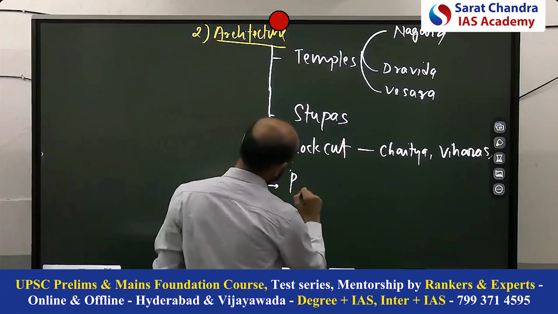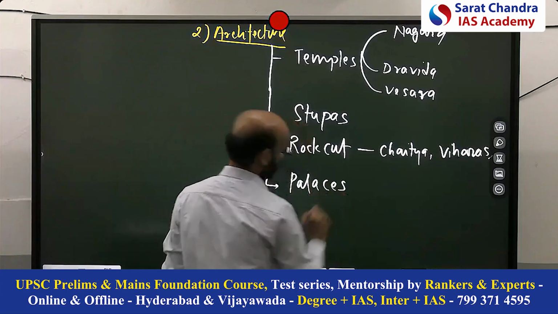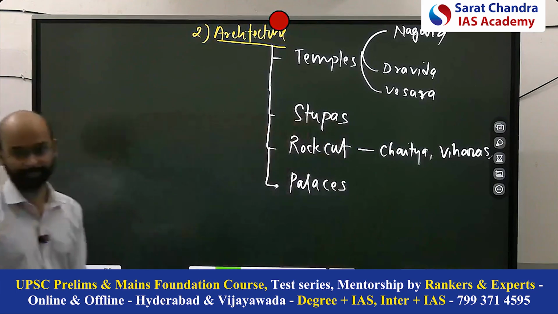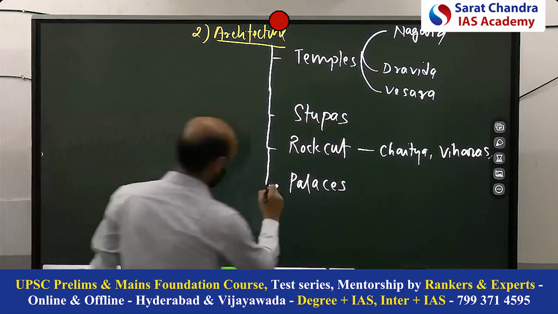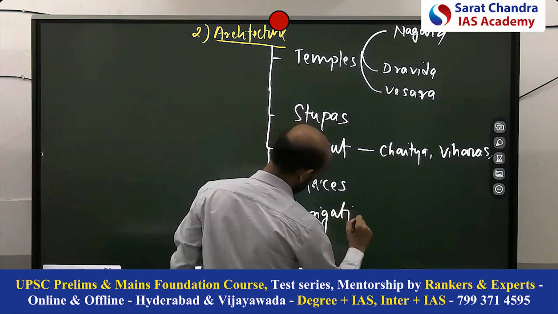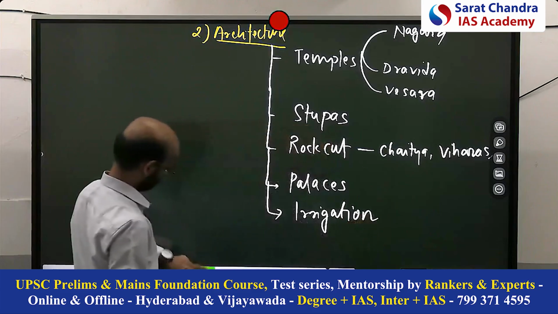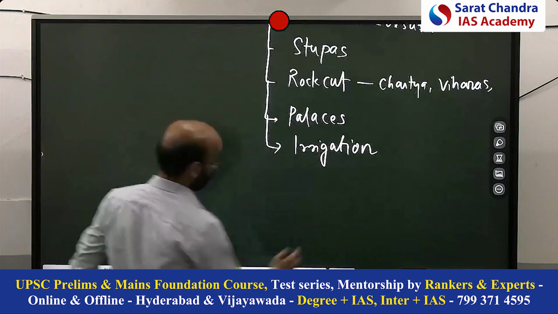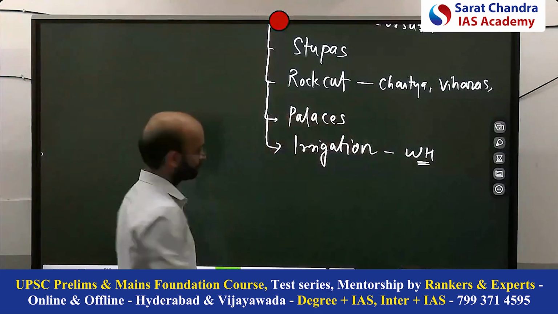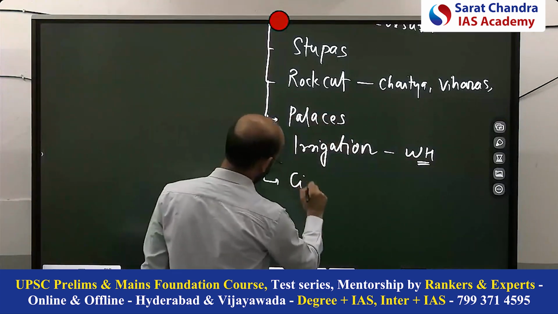Then palaces like Kumrahar, Chandragupta Maurya palace, their houses basically. Then you have the irrigation infrastructure, irrigation architecture, like water harvesting infrastructures, drainage. Then you have city planning.